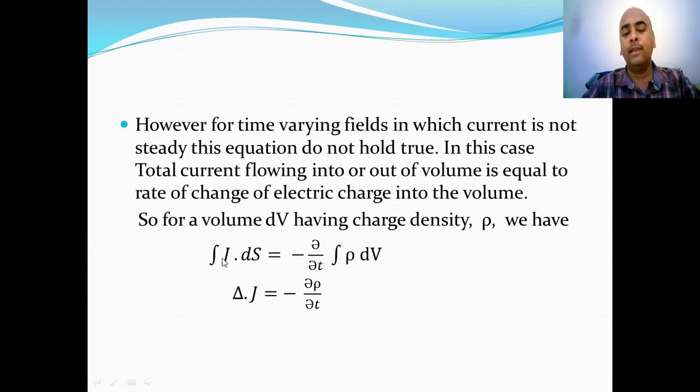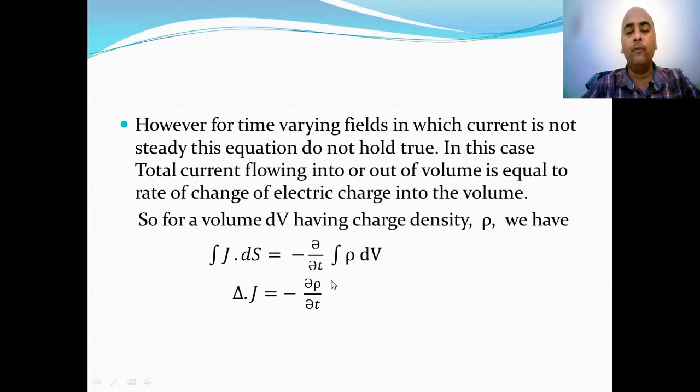We can write mathematically that the integration of J dot dS is equal to minus del by del t of the integration of rho dV. And again, by using the divergence theorem, that is, by converting the surface integral into a volume integral, we obtain that divergence of J is minus del rho upon del t, where rho is the charge density in the volume.